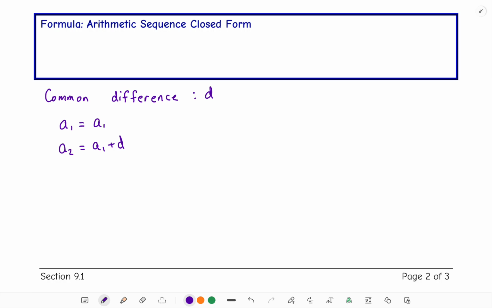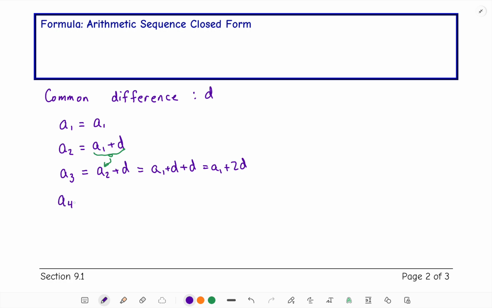Now again, I don't know what that is, but we could calculate it. Then A3 would be A2 plus D. But A2 is already A1 plus D, plus D. So again, that's because I'm taking this and plugging it into there. That's why we're getting two D's now. And D plus D is 2D.